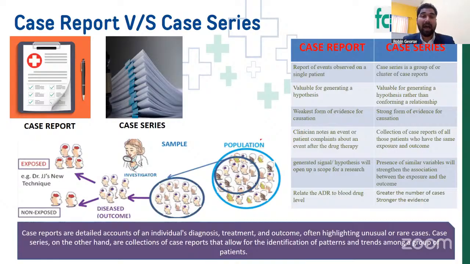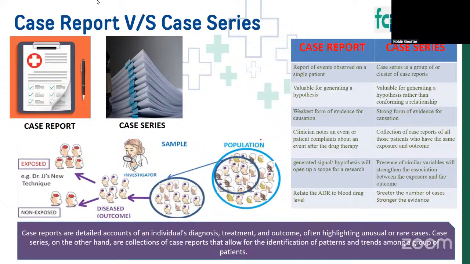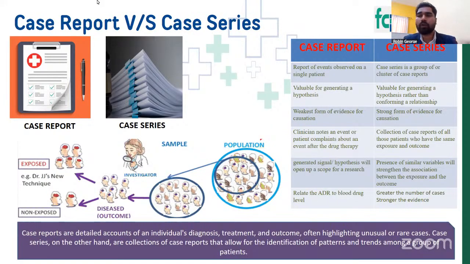Being a clinical pharmacist, I have noticed that after giving phenytoin, one patient experienced Steven-Johnson syndrome. I go and report it to the neurologist: excuse me, sir, one of your patients you prescribed phenytoin has experienced Steven-Johnson syndrome. Immediately the physician will object: no, no, no, I have been giving this for years. We have only one patient, so it is just the weakest form of evidence and only generates a hypothesis, a signal.